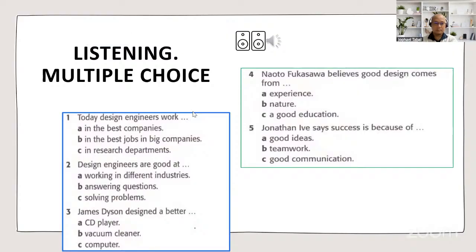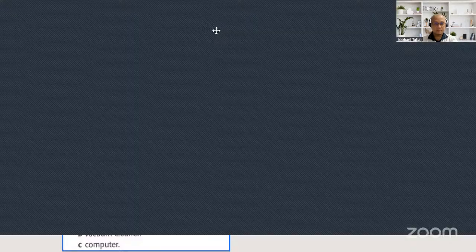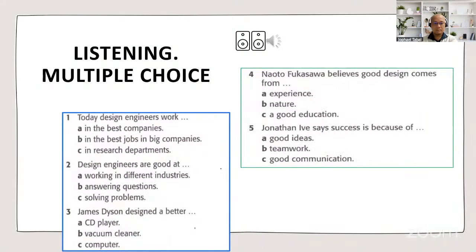Some of these include Apple's Jonathan Ive, Muji's Naoto Fukasawa, and Dyson's James Dyson. The first part of my talk is about what design engineering is and the skills design engineers need. In the second part, I'm talking about the ideas behind good design engineering.